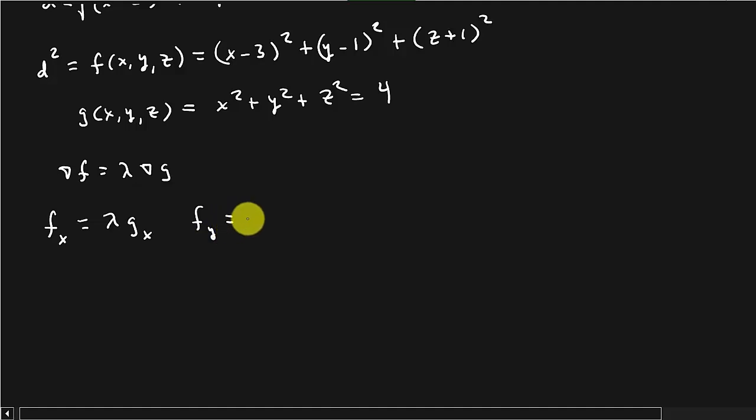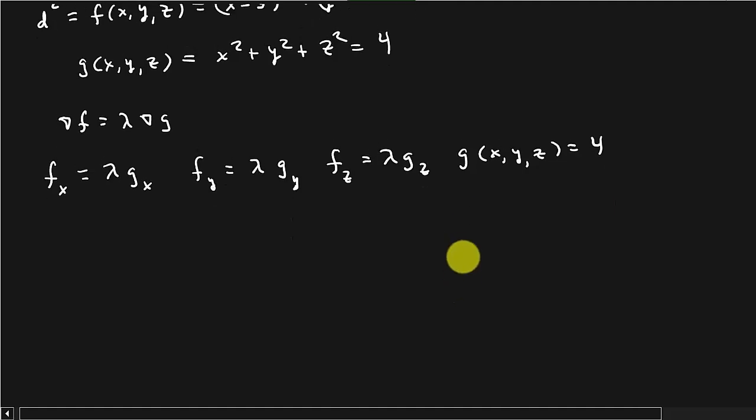And then we've got the rest of them here, lambda gy, z is lambda gz. And then we have g of x, y, z equals 4. Okay, so this is what we're doing here. All right, so now let's do our partials.